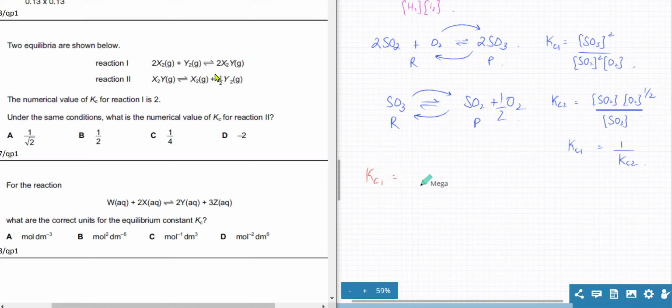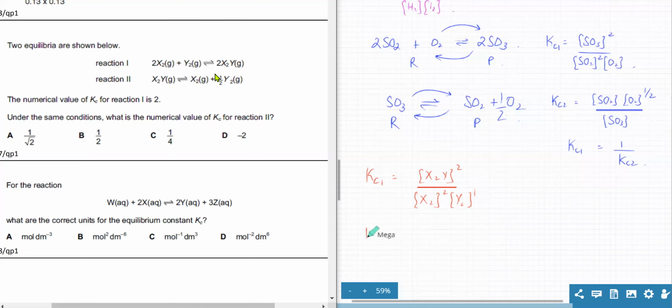It's products over reactants. So X2Y concentration, that's going to be squared, and then you're going to divide that by X2 concentration, that would be squared as well, and Y2 concentration is going to be power 1. Okay, that's one expression.